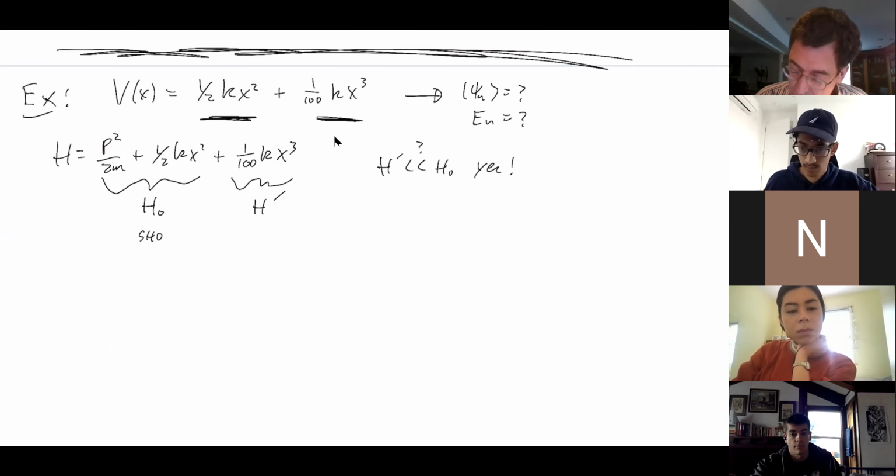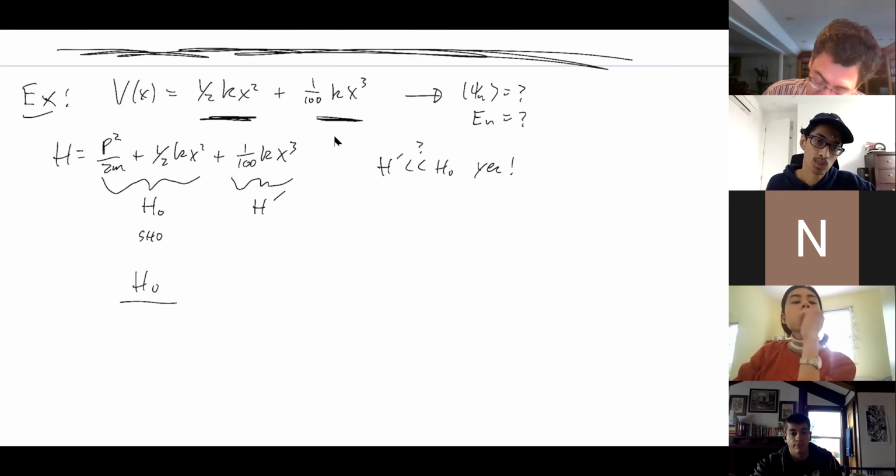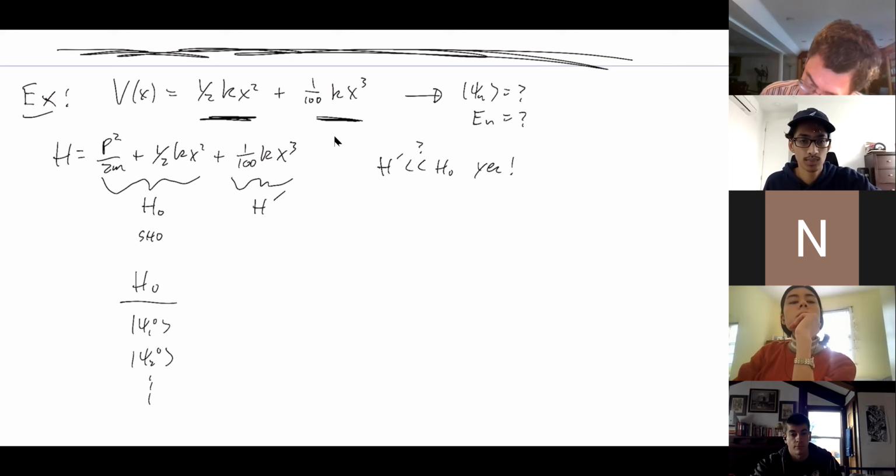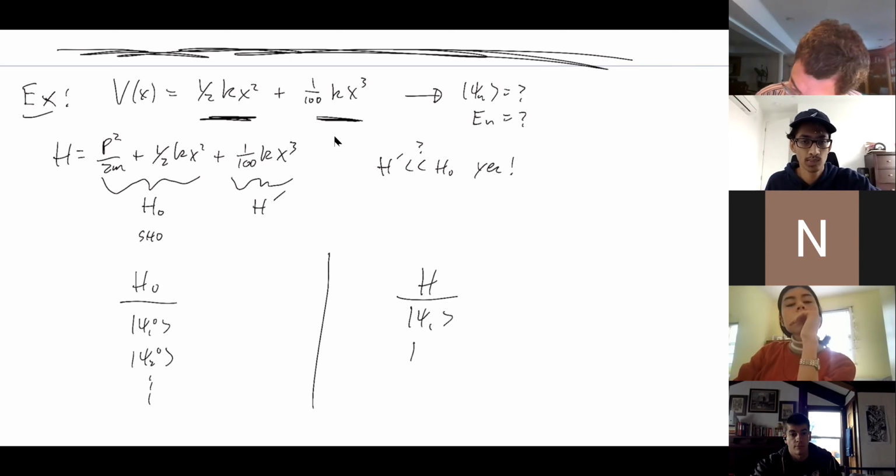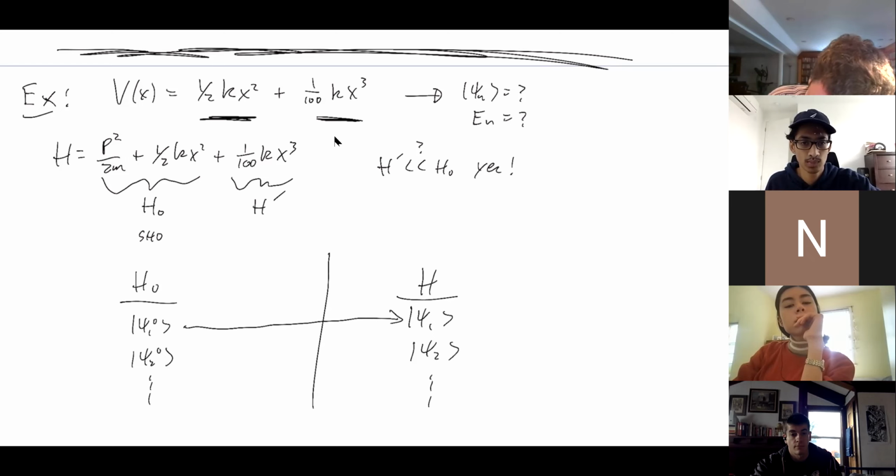But for perturbation theory to apply, if I take the known Hamiltonian, the simple harmonic oscillator states, psi 1 naught, psi 2 naught, etc., then I should be able to link them to some new eigenstates, psi 1, psi 2, etc., as I vary lambda from lambda equals 0 to lambda equals 1.